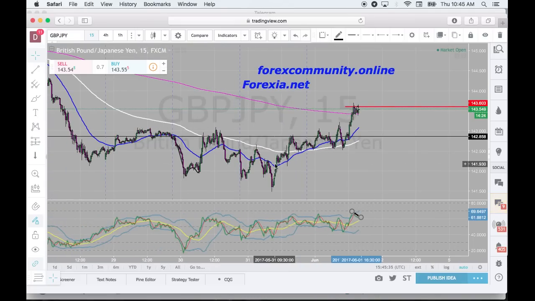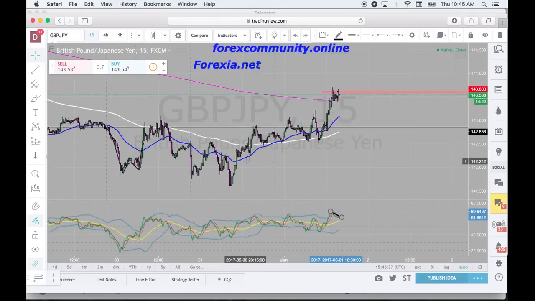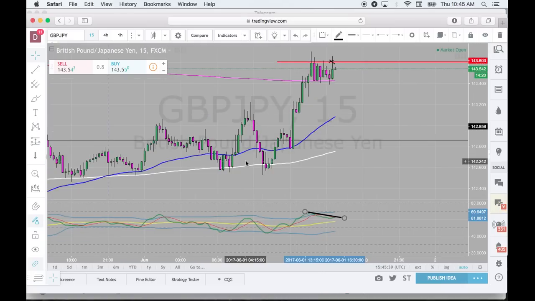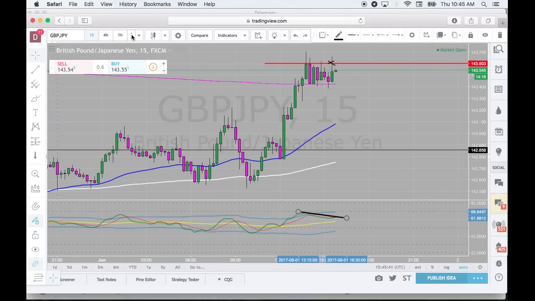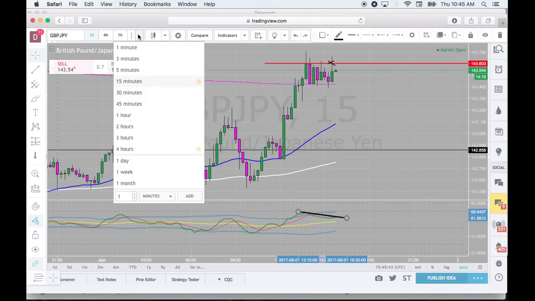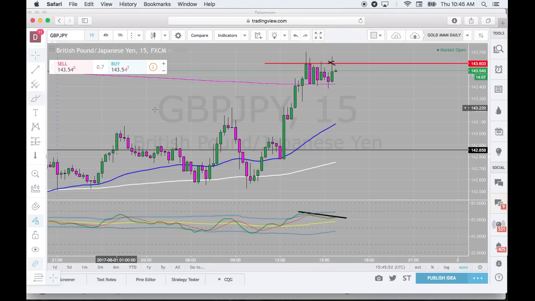So, another confirmation that I have not talked about much, but is a very good confirmation to use in the second leg M formation, is wedge breakouts.